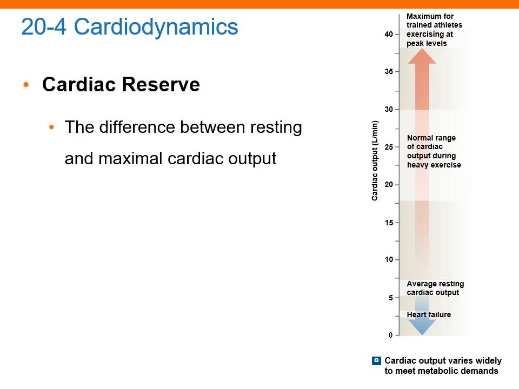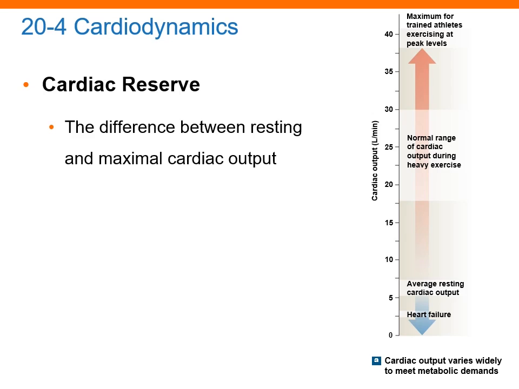If you think about it, half a liter or 500 milliliters is the size of a disposable water bottle. Again, that's only half of a liter. So 7 liters is a lot, but that's your resting cardiac output per minute. During heavy exercise, you can get up to 20 to 30.